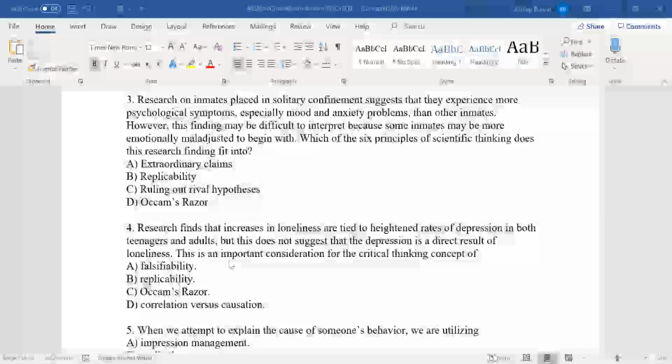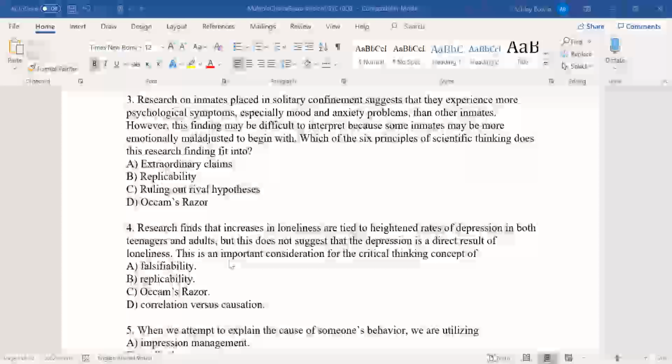So number 4. Research finds that increases in loneliness are tied to heightened rates of depression in both teenagers and adults. But this does not suggest that the depression is a direct result of loneliness.